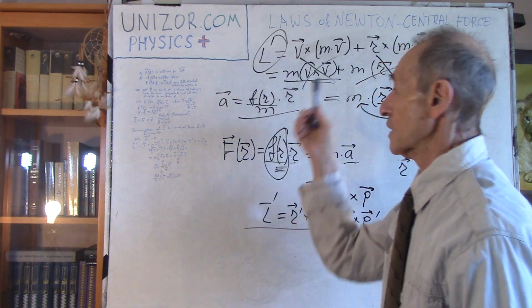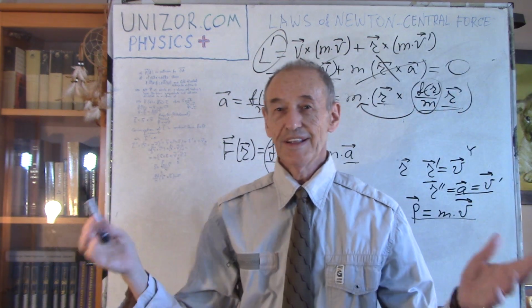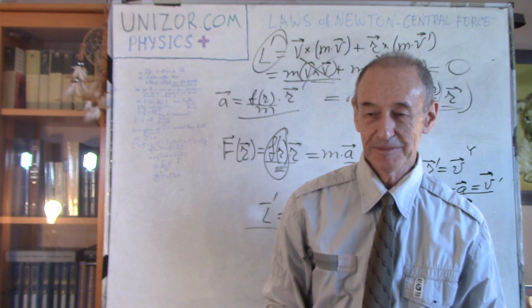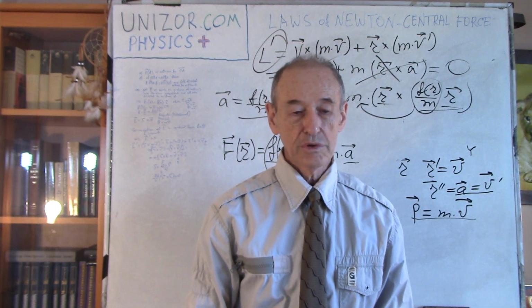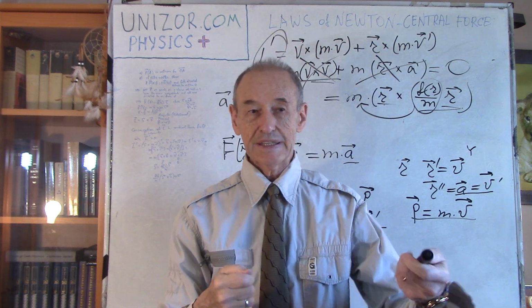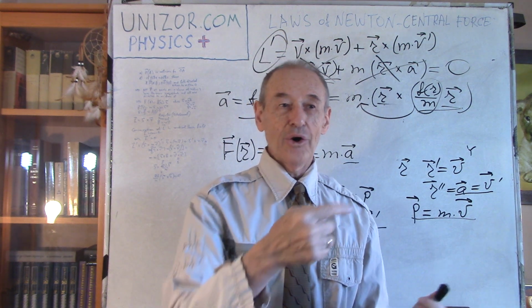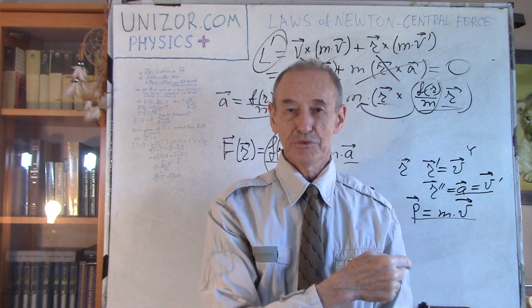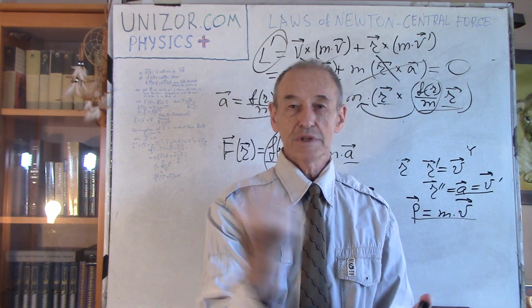Now, it's not a trick, obviously, with all these derivatives which somehow magically come to 0. It all obviously follows from a very simple thing. If the force is central, it does not contribute to rotation. Only the tangential forces, which are not central, contribute to rotation.